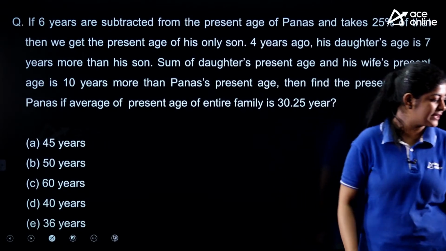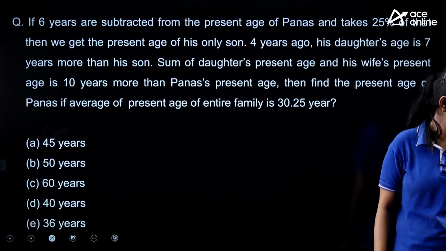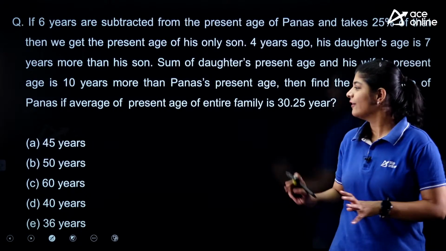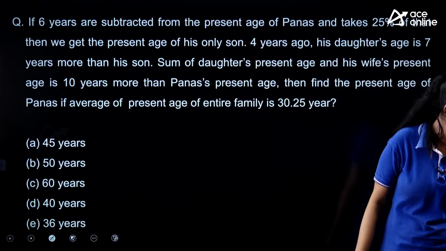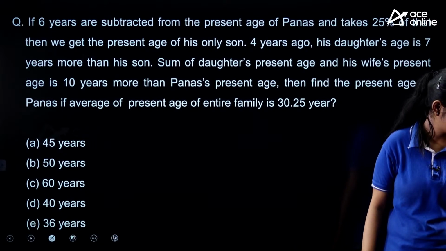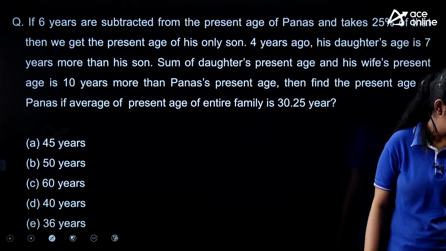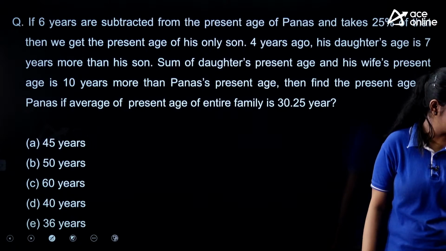What we need to do is simply use the concept of average, and do the addition and subtraction just to get the answer. So how are we going to deal with this?